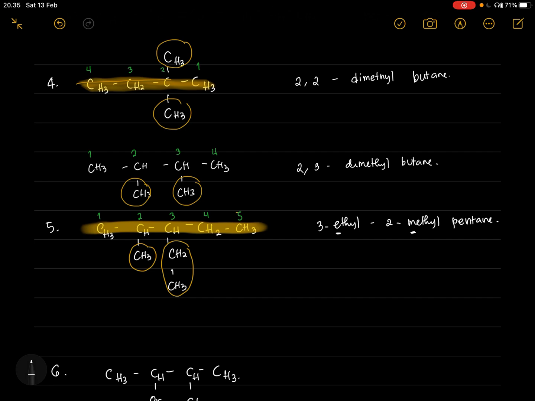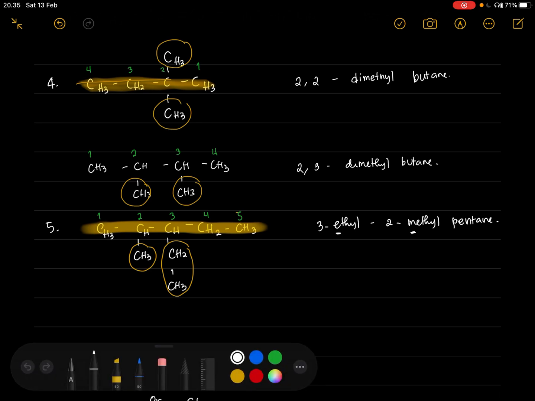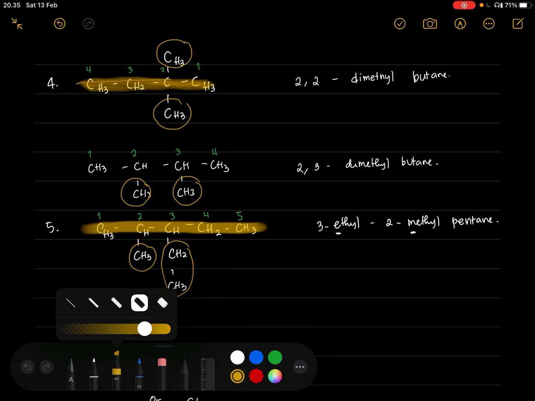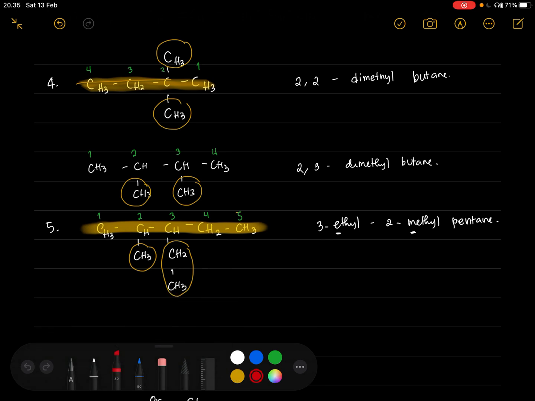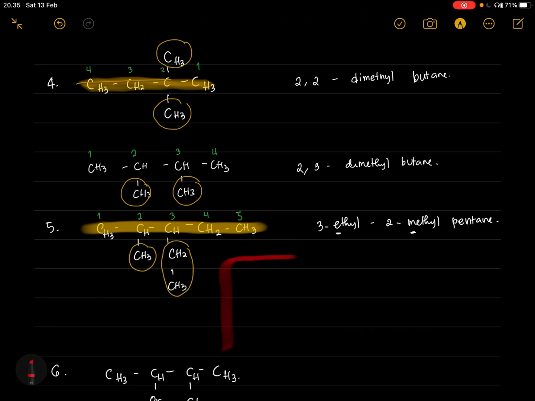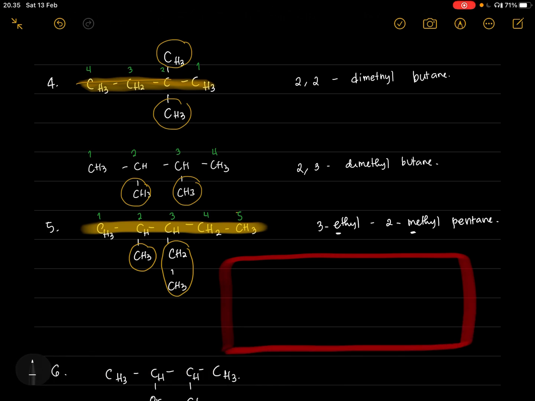Okay, so I give you another idea. For example like this, and I am putting it over here in the box. Hold a sec. So this one is CH3, and then we have CH3, then CH, and then CH2, CH3.